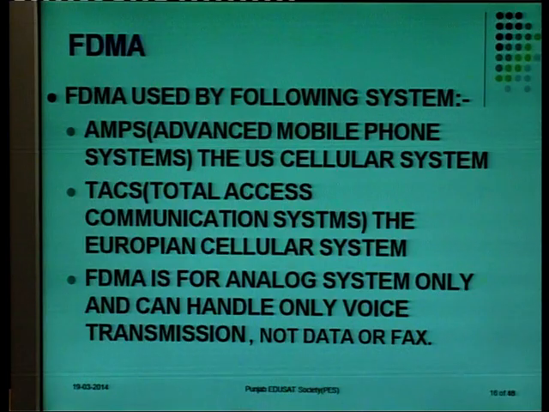So, these both were using FDMA for their telephone systems, and it is for analog systems only. It can handle only voice transmission; neither data nor fax can be transmitted on FDMA.